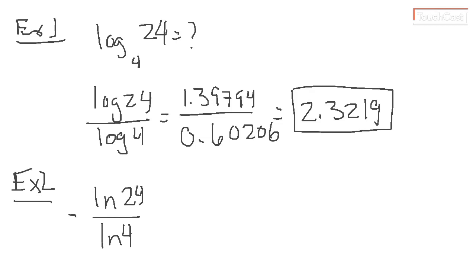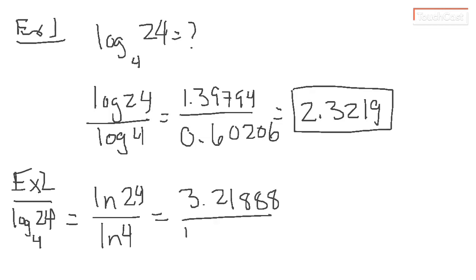We're still doing log with a base of 4 of 24. The natural log of 24 is about 3.21888. And the natural log of 4 is about 1.38629. Just use a calculator to calculate that.